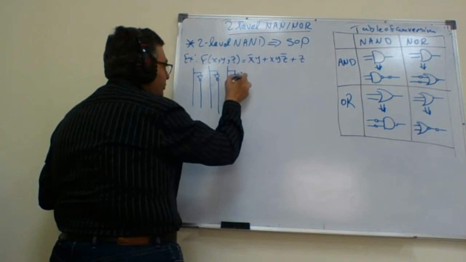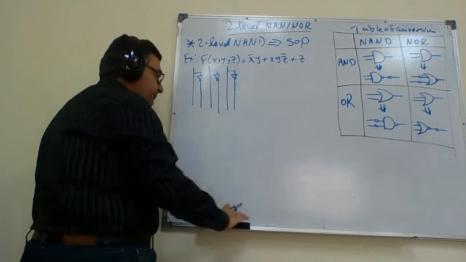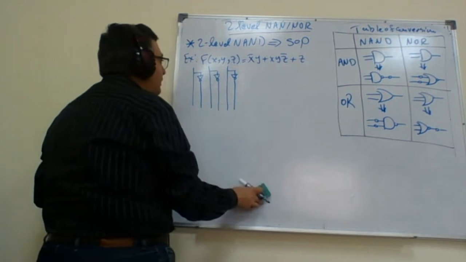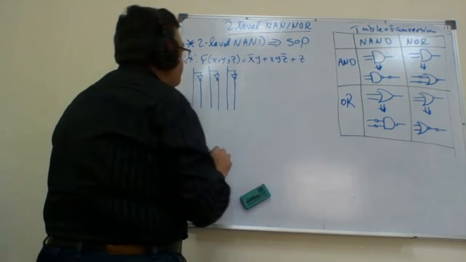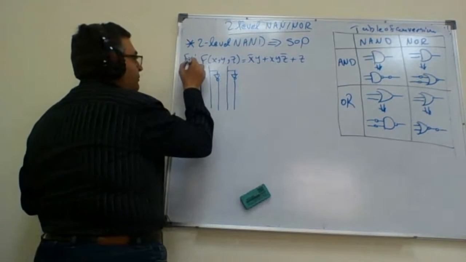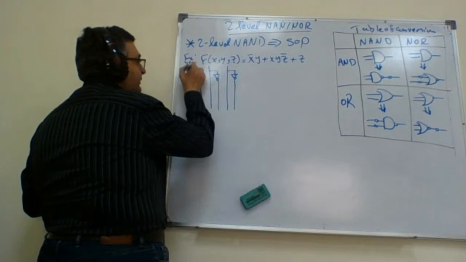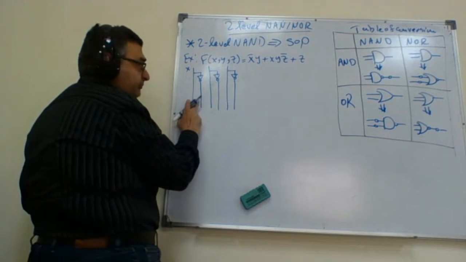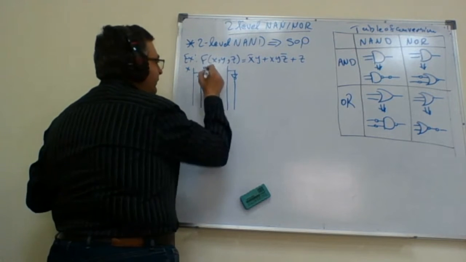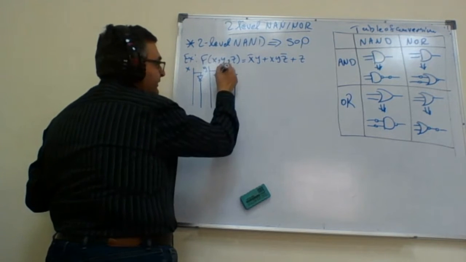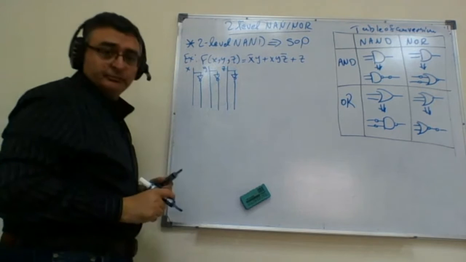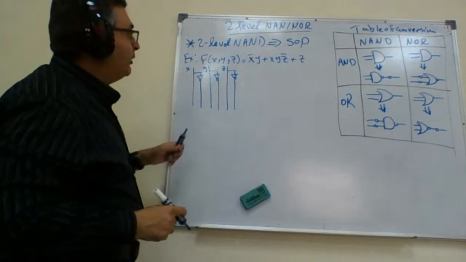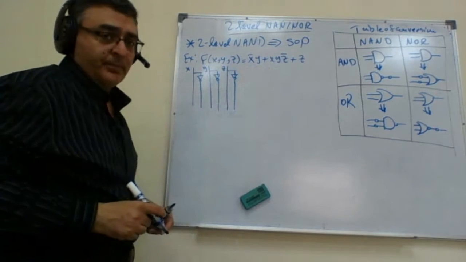This is the standard drawing of the circuit. Now let's put the labels: I have here X, that means this line is X, this is X bar. Y, this is Y bar. Z, this is Z bar. Okay? So I will draw the circuit as it is.